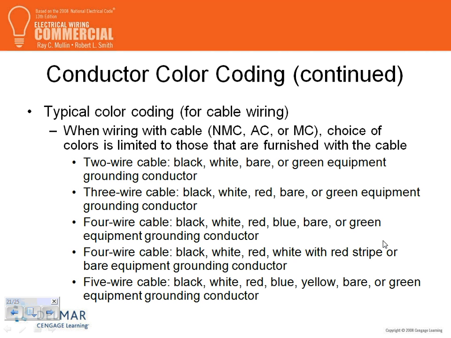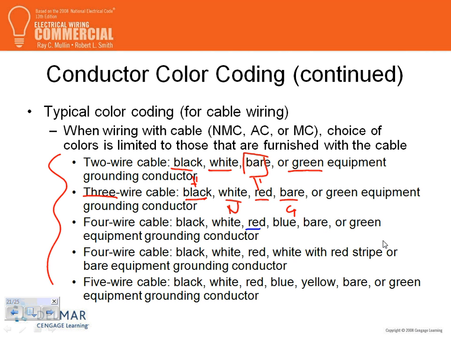If it's in the test, I usually ask you to go there. But if you have a two-wire cable, they go black, white, and bare is the ground, or green. So that's basically phase A, neutral, and a ground. Three-wire conductor, you have a black and a red. Now you added hot 1, hot 2, still neutral, and a ground. You go to four-wire conductor, now we're getting into the three-phase system.